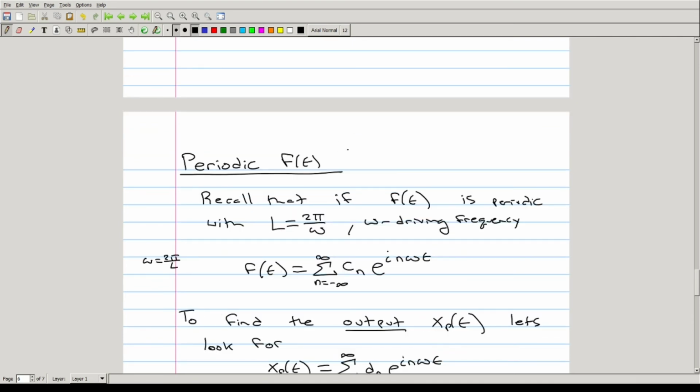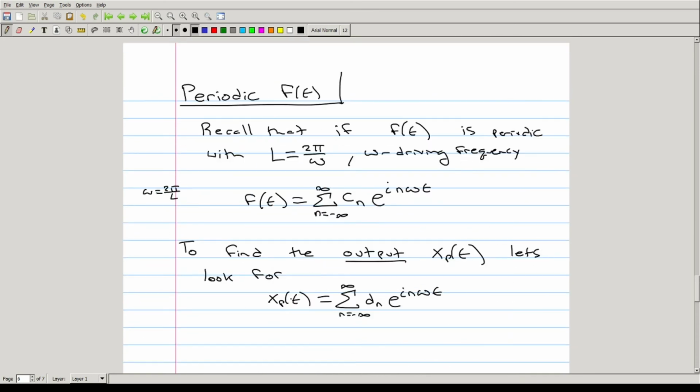Remember that the general solution to the differential equation, and I should not use x here, I want to use y here, is yh plus yp.